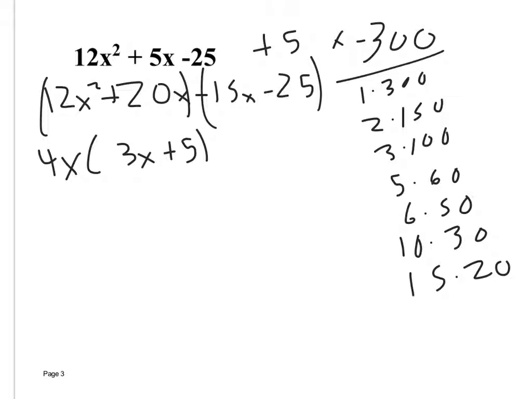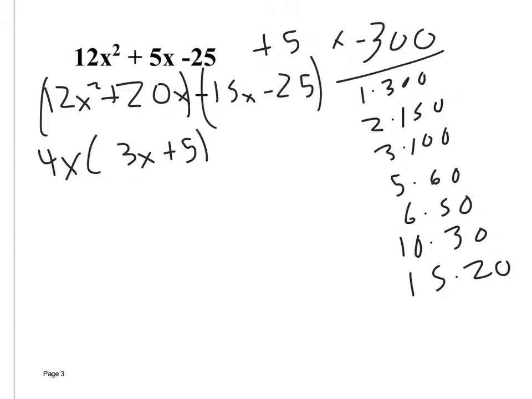So I need to make negative 15x minus 25 into that. So Sky, what would I take out of negative 15x and negative 25? 5. Positive 5 or negative 5? Negative, because you look, it's negative 15x, and it needs to be positive 3x.